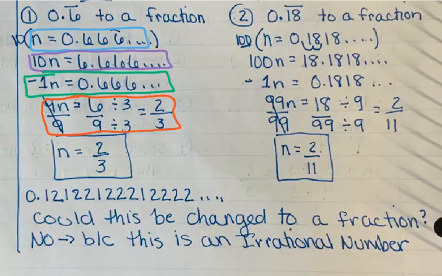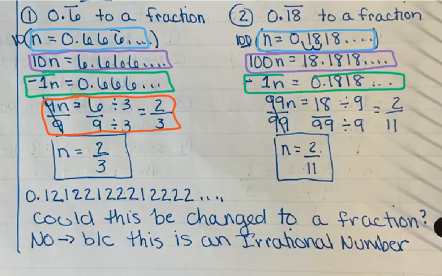So you should have gotten n equals 2 over 3. Same thing here. We have n equals 0.18 repeating. We multiply by 100 because this has 2 digits. We subtract that 1n, and then we divide and get our fraction. So hopefully you had 2 over 11.